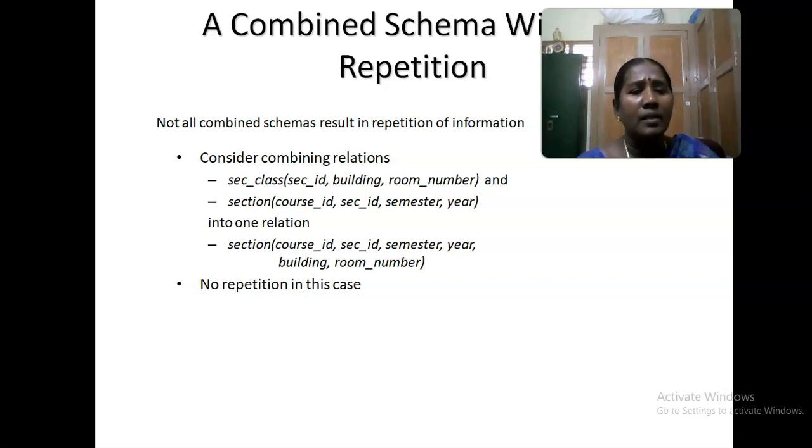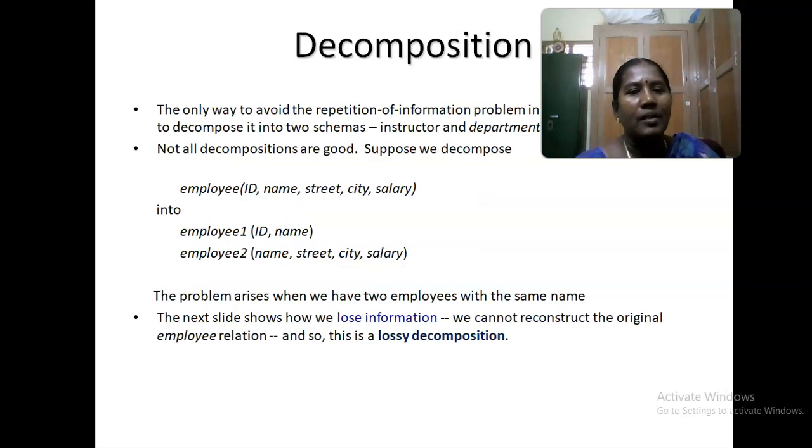The section schema contains course ID, section ID, semester and year. When we combine these two schemas into section, it will contain course ID, section ID, semester, year, building and room number. There is no repetition in this case.